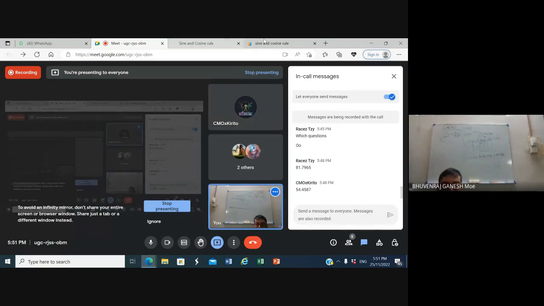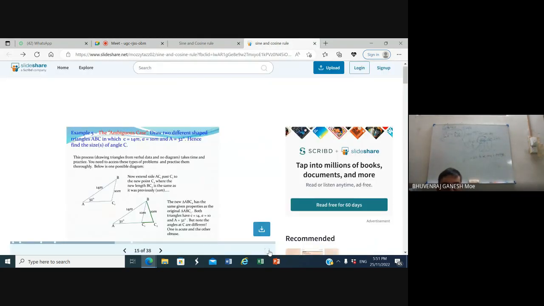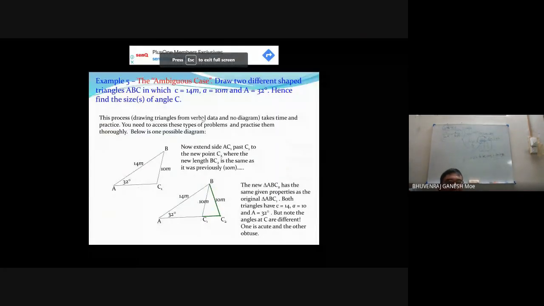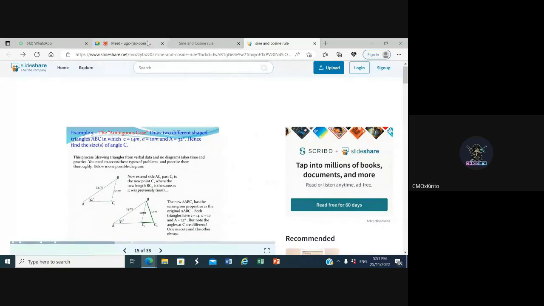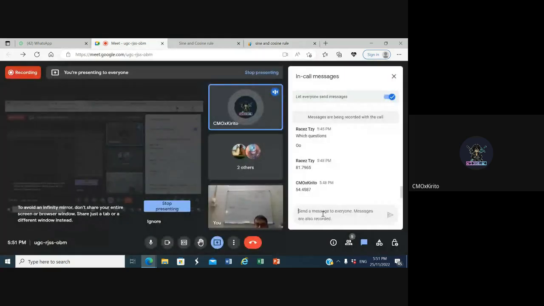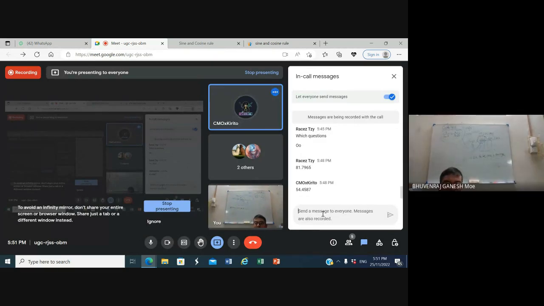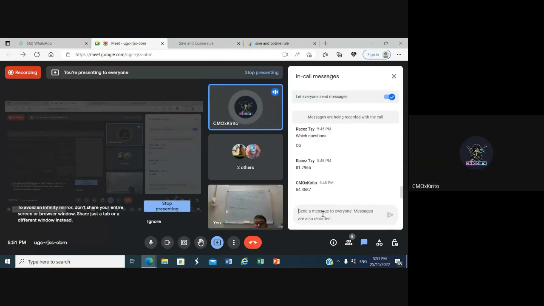Okay. So now we go to ambiguous case. Ashri, what do you think about ambiguous case? What can you define it as? From what I understand, from one triangle you're able to create another triangle. Doesn't matter if the triangle is within that said triangle or you create another one outside.